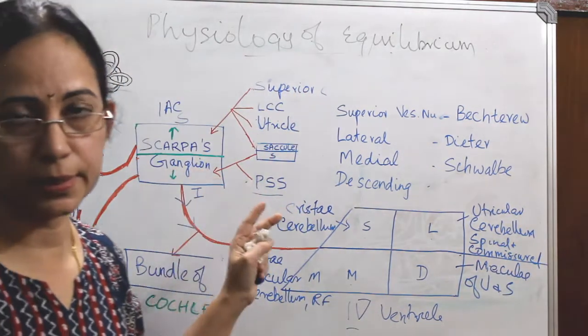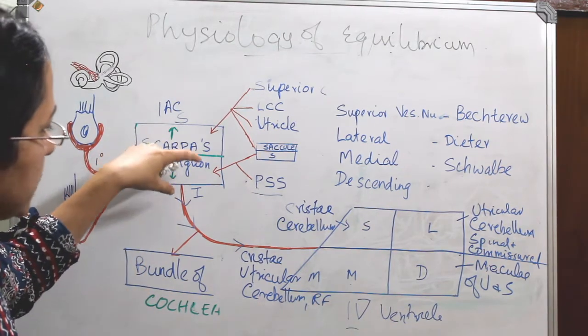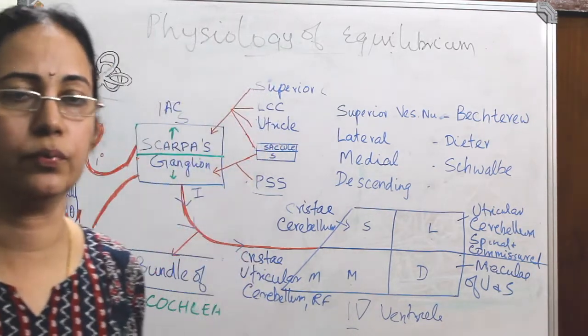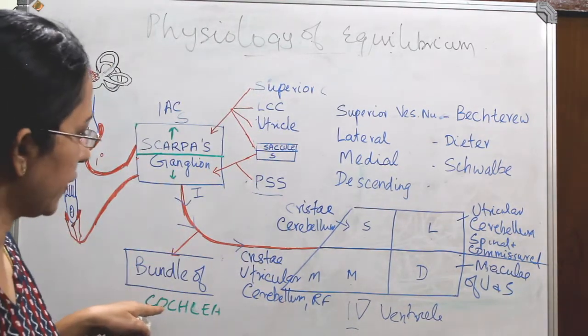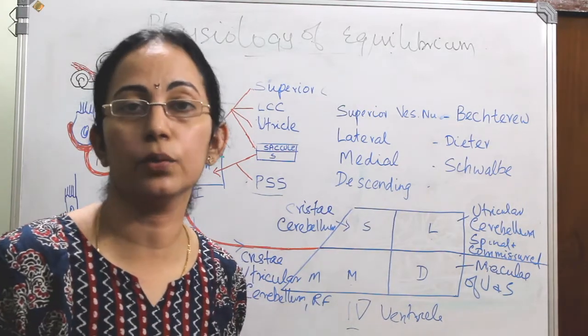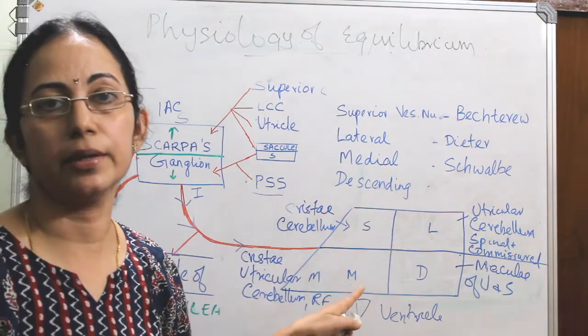So this is about the afferent nerve supply. Afferent nerves from the Scarpa's ganglion are coming to the vestibular nucleus, which is situated in the floor of the 4th ventricle, and the efferent fibers to the cochlea go as the bundle of Oort, and this vestibular nucleus is divided into 4 parts.